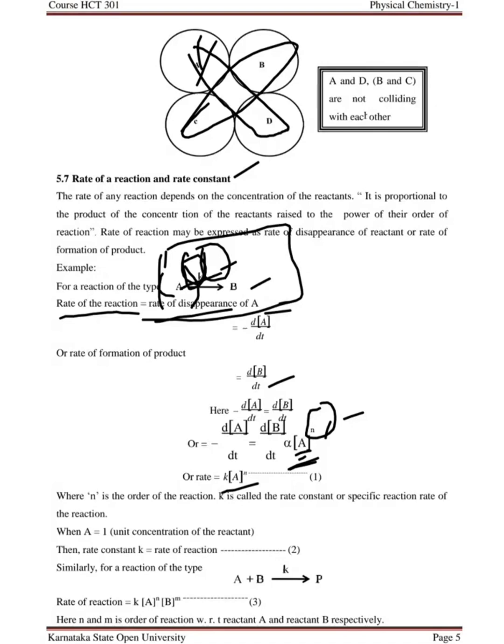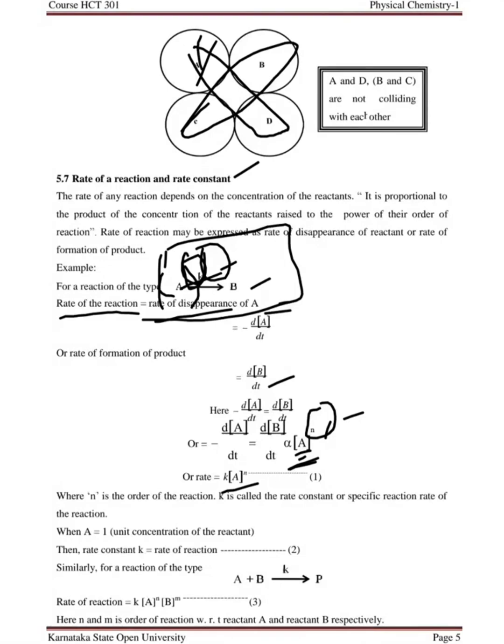And further, the rate constant K is equal to the rate of reaction. So K can be denoted as the rate of reaction or rate constant. In the next example, A plus B gives the product, where K is the rate constant.